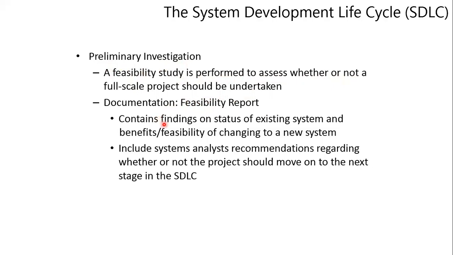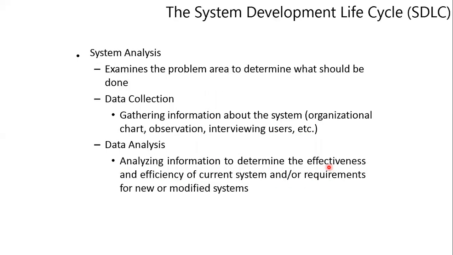It contains findings on the status of the existing system, and the benefits and feasibility of changing to a new system. It includes the system analyst's recommendations regarding whether or not the project should move on to the next stage in the SDLC. We have to decide whether to keep going with the previous system, or what steps we need to take. All this happens in the preliminary analysis.